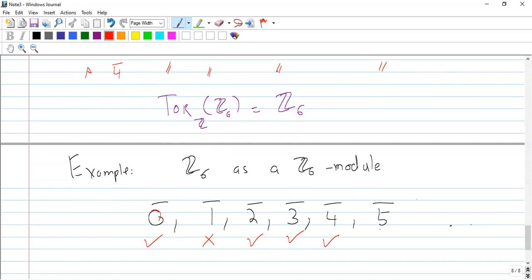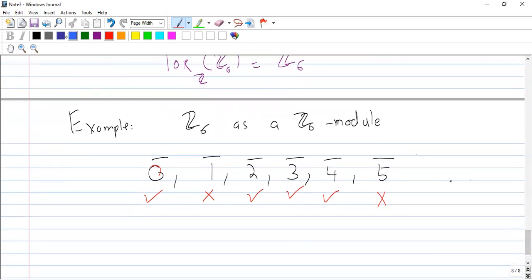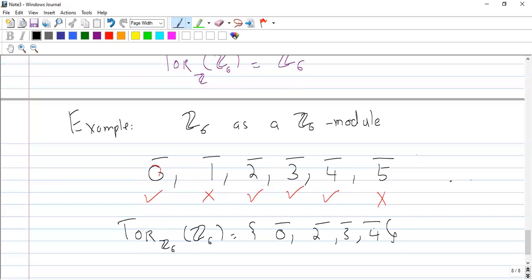I think 5 is not a torsion element. So here Tor of Z6 over Z6 is just equal to 0 bar, 2 bar, 3 bar and 4 bar. Here we have computed the Tor.